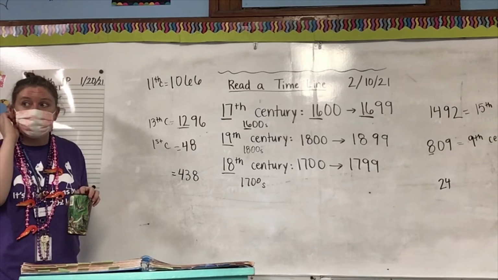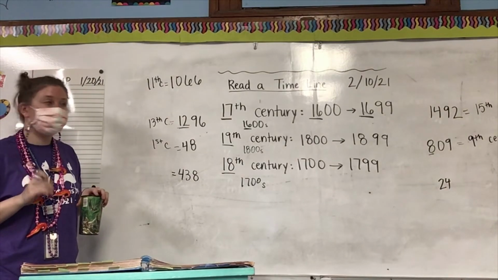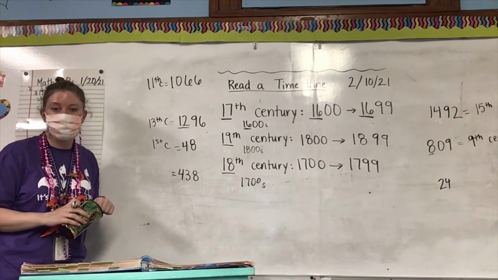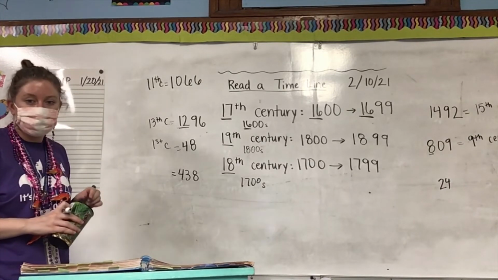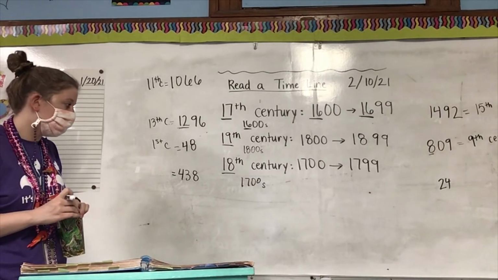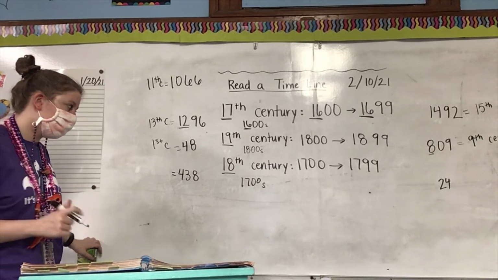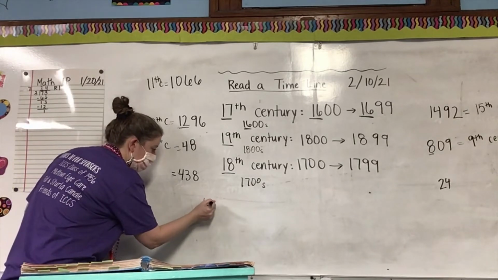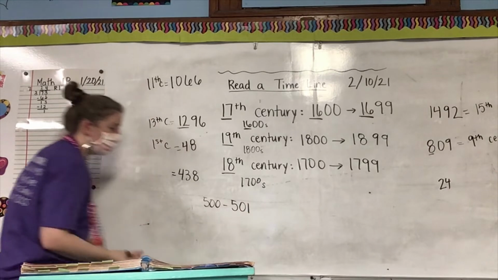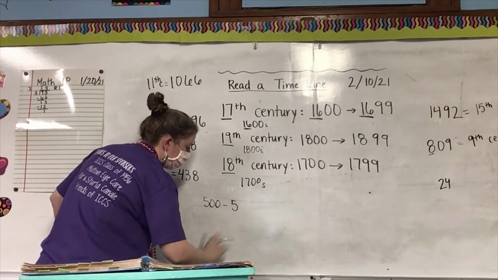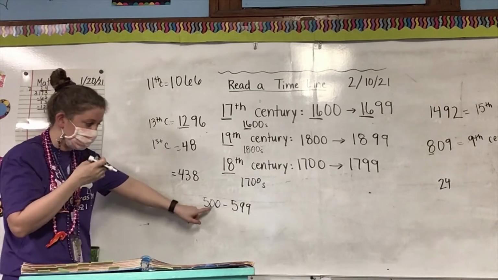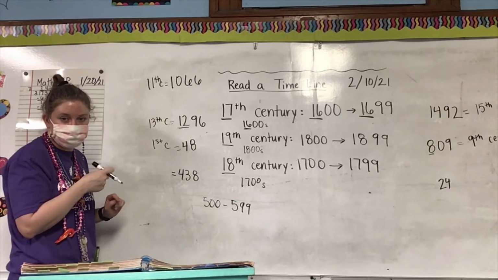I can't hear you. Who can help him out? Zari. The 500s. Not the 500s. The 500s is the year 500 to 599. Does the year 438 come between the year 500 and the year 599?